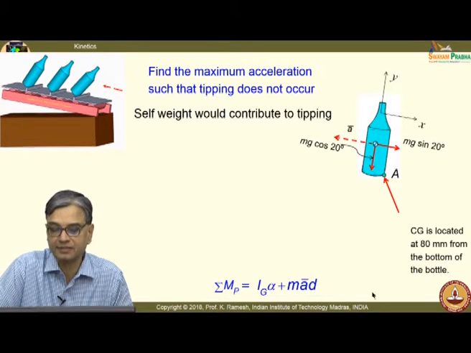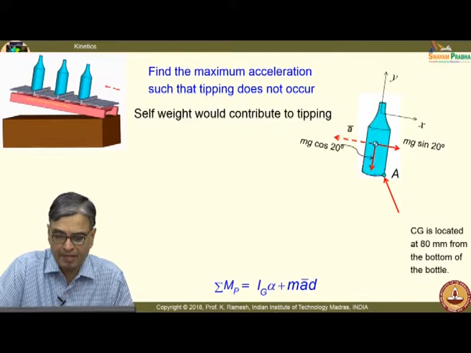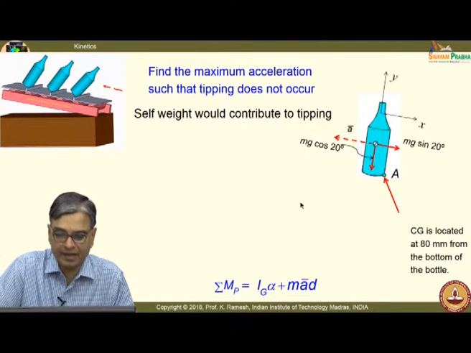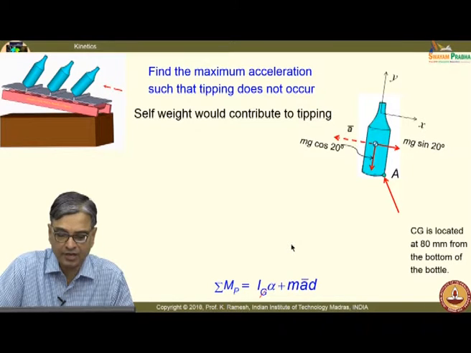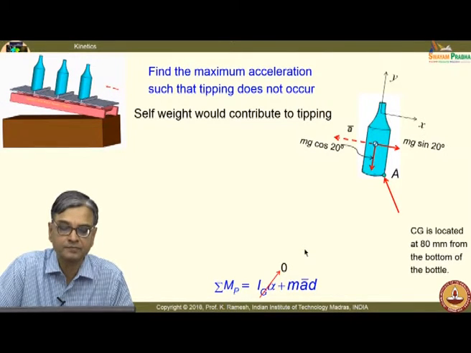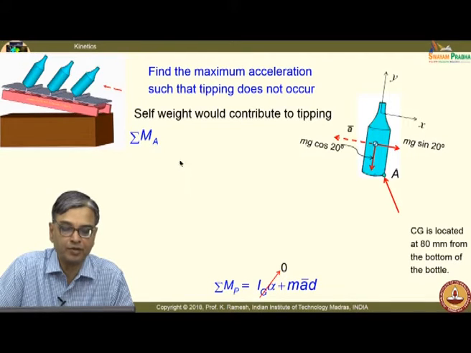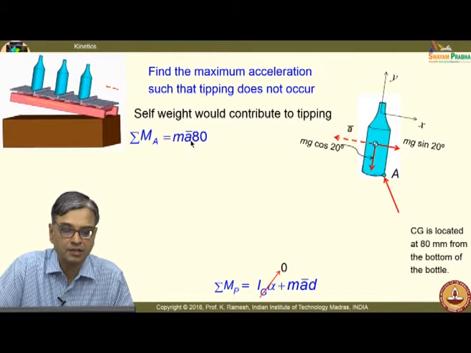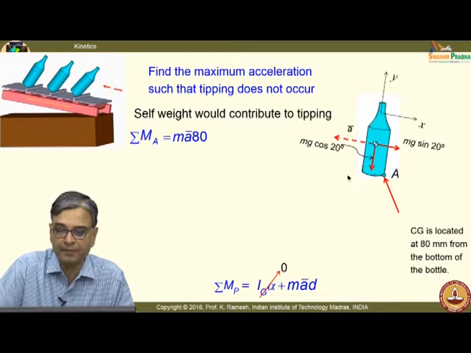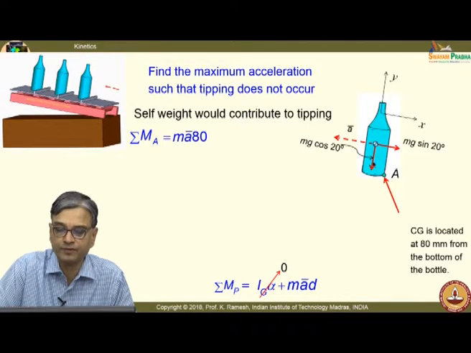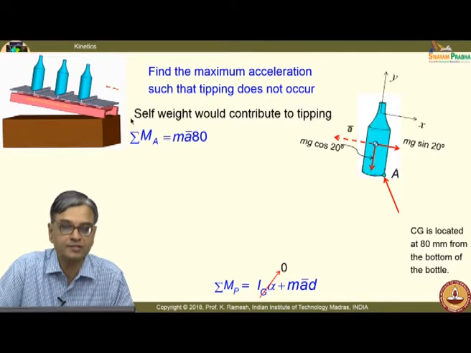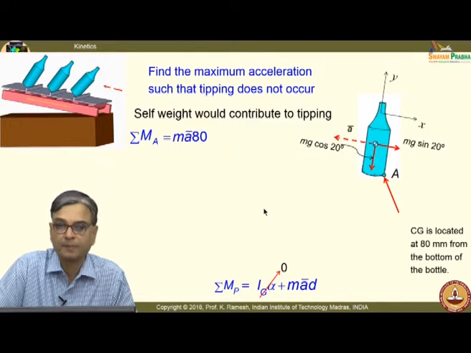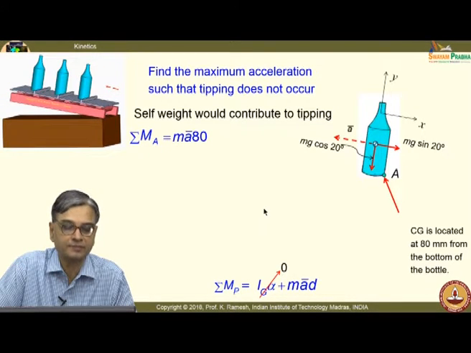All the parameters that are required are given, and this is the problem where there is no rotation. So, I_G alpha is 0. So, you write m a equal to m a bar into 80 and write what is the value of m a. So, you will have a contributing force from this, and you will also have this force contributing to this moment. So, that is all, the problem is solved.